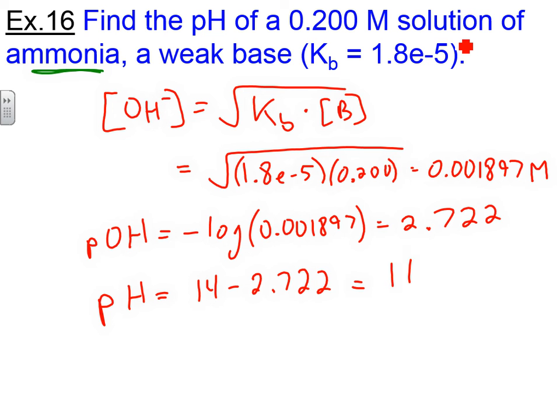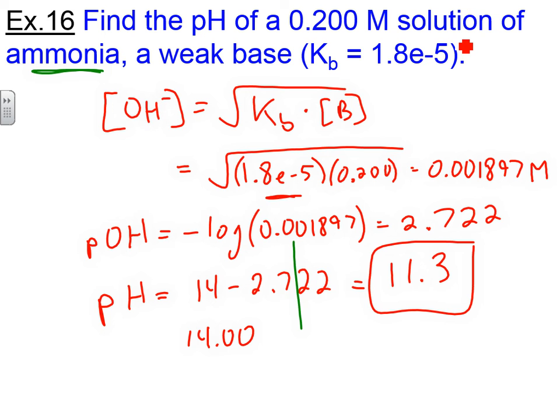Because we have 2 sig figs from here, if we cut it off at 2.7, when we're subtracting, we get 1 decimal place because 14 is exactly 14.000. That doesn't limit us, so we get 11.3 for the pH, which is in keeping with a base, high pH, but not very high because we have a weak base.